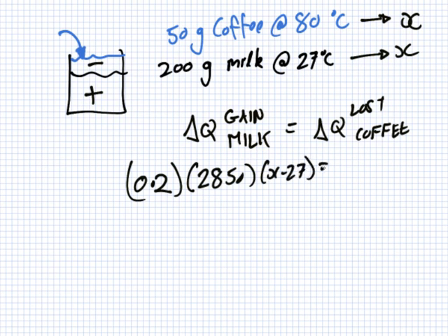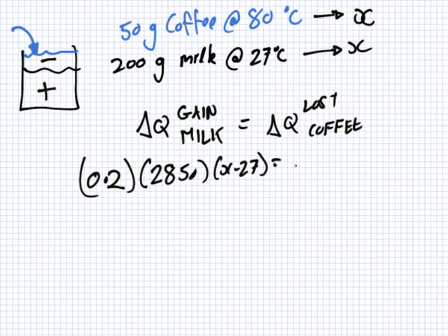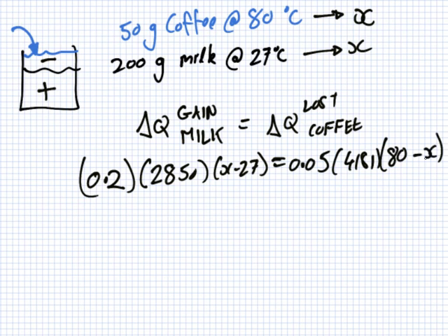And this should equal the energy lost by the coffee, which will be M C, which is 4181, times 0.05, times C, now the coffee goes from X to 80. So, 80 minus X, because it goes from 80 to X.